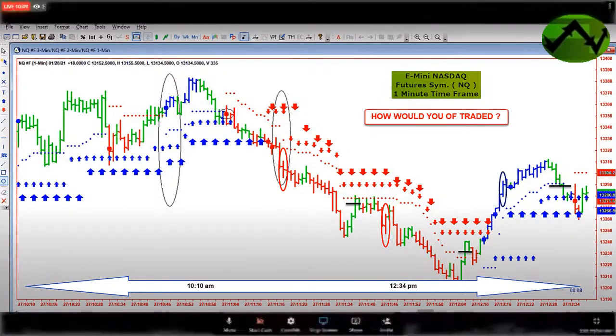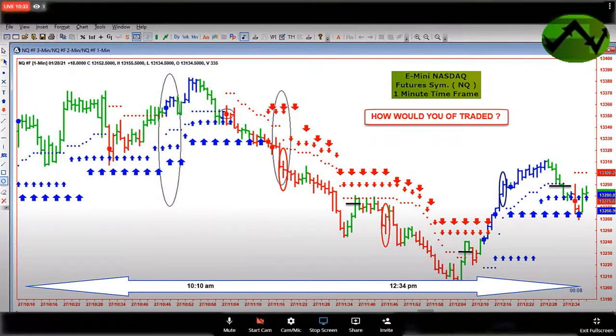This is where I would get in, because I have a confirmation sell signal. Everything's red and in a kind of stair step down pattern. That's what I'm looking for, a stair step pattern. This would be the third bar.